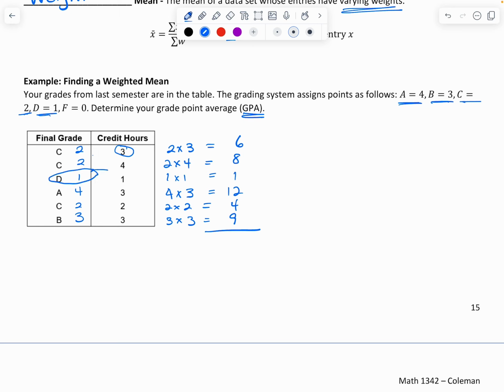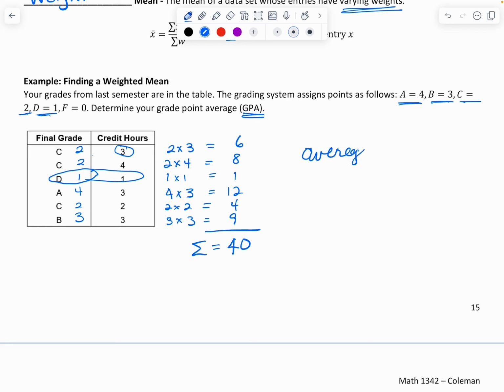It's a good thing you made a D in a course that's only 1 credit hour, because it didn't hurt you as much. It would be nice to make A's in 4 credit hour courses because it gives you the most points. At any rate, if I add this up, I end up with 40.